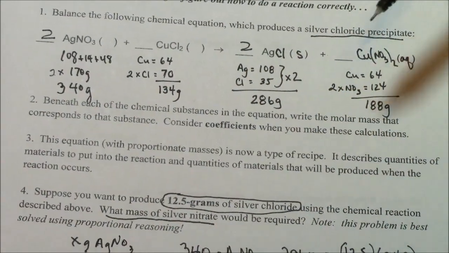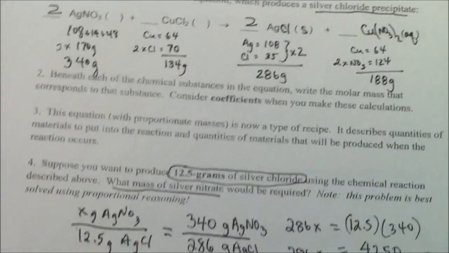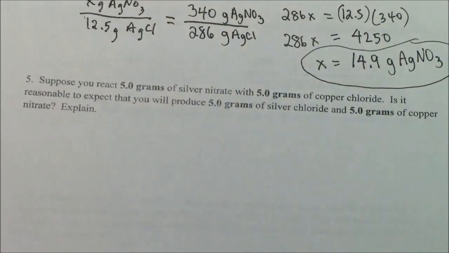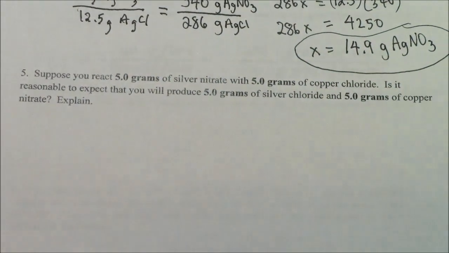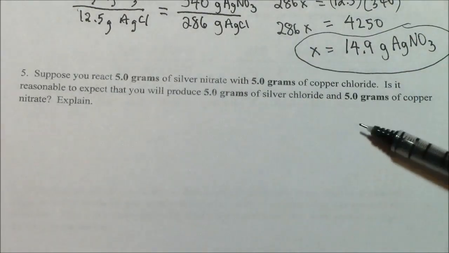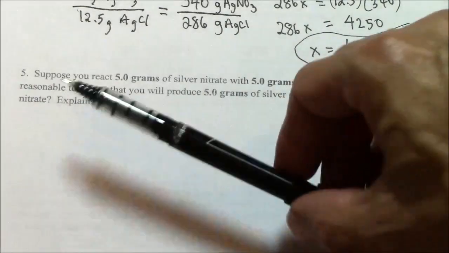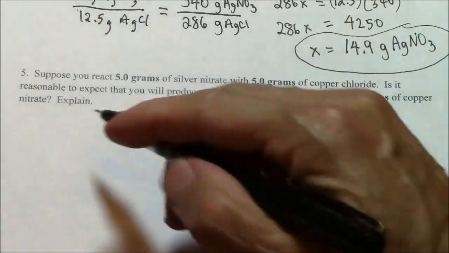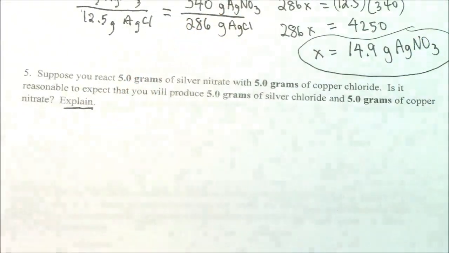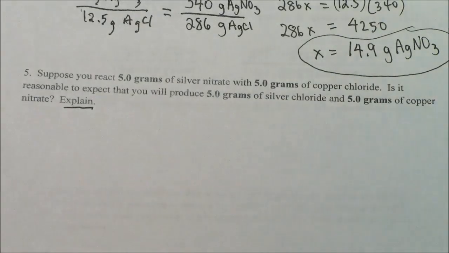We did that addition earlier. So you might think that that would apply here. But the correct answer is no, you should not expect 5 grams of silver chloride and 5 grams of copper nitrate. And I'll leave it up to you to try to come up with a scientific explanation for why this is not the expected outcome. And we'll take a look at that tomorrow in class.